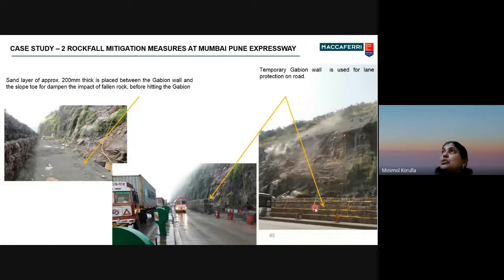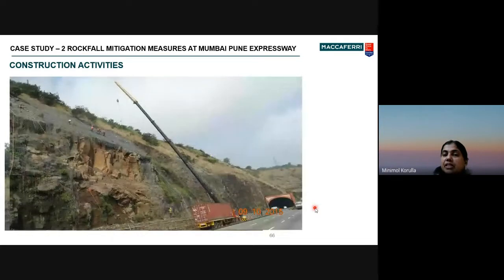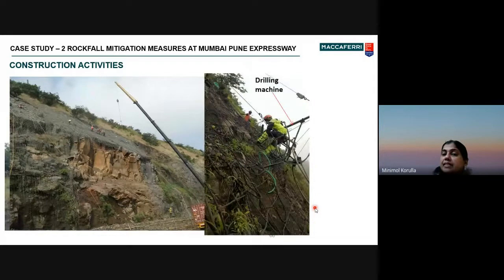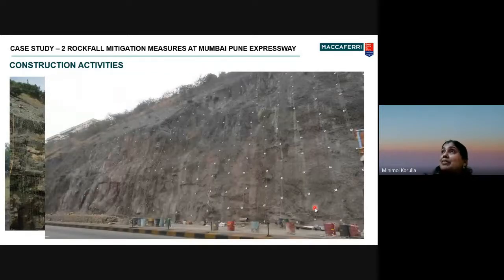That is also a part of the installation steps. For the construction activities, we may have to use different types of installation techniques. For rockfall installation, climbers, and sometimes for river slope or seashore protection, we may have to employ divers. So specially skilled people may be necessary for the installation of these types of materials.